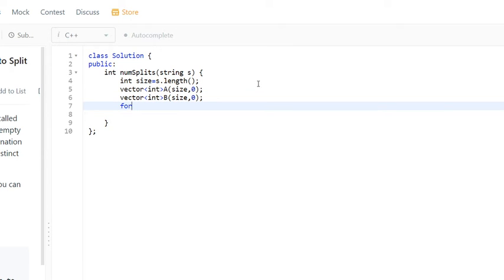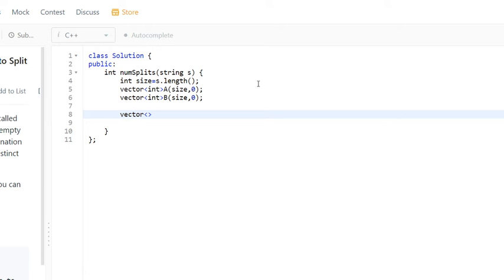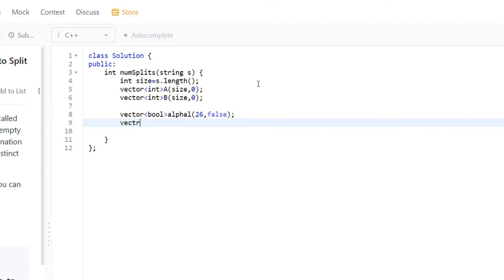Let us calculate. Let us first define alpha left, with 26 entries since we have 26 characters in our alphabet. Similarly, alpha right.